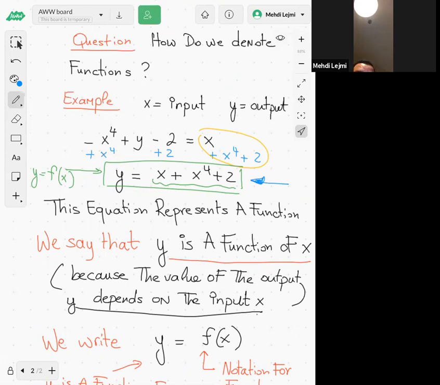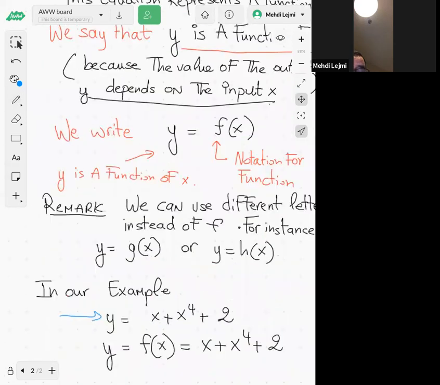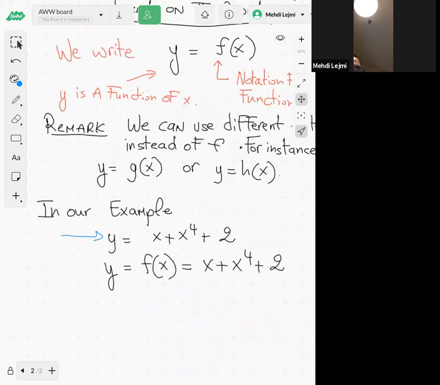I think that was the first problem in the previous exercise. But anyway, we solved for y and got y equals x plus x to the fourth plus 2, and all I'm saying is that my function f of x is equal to the expression on the right side, which is x plus x to the fourth plus 2.